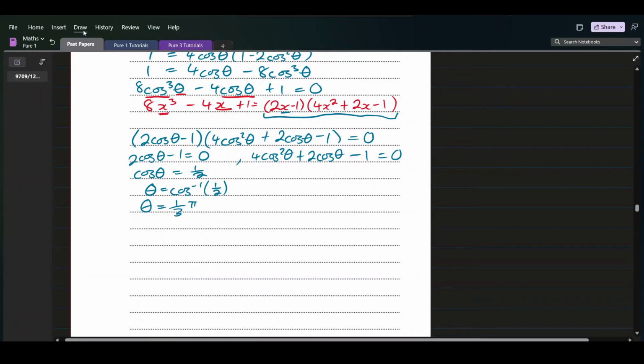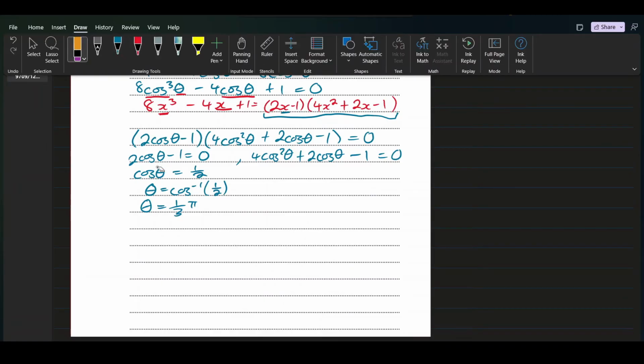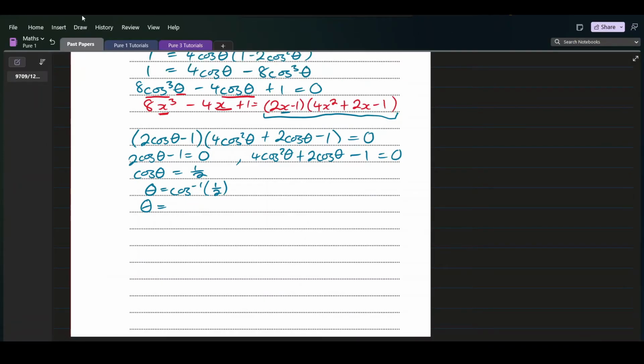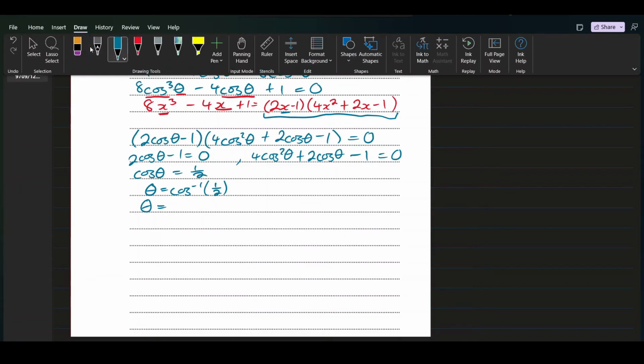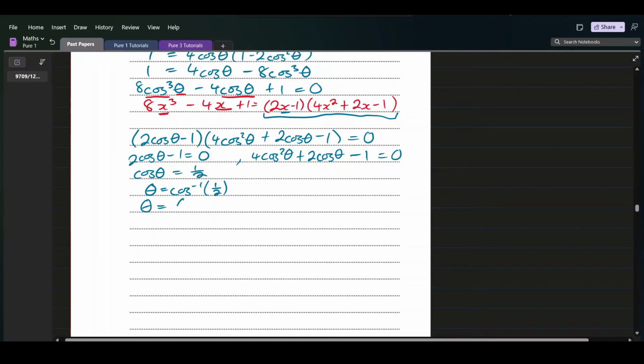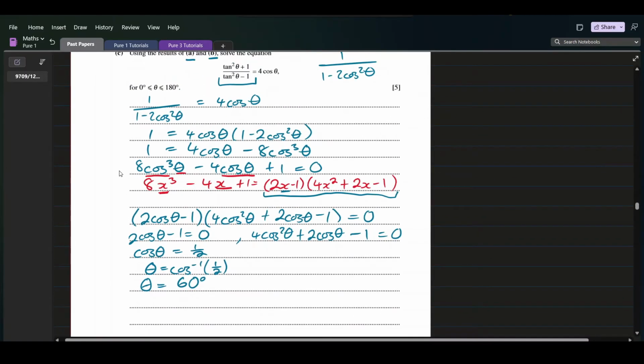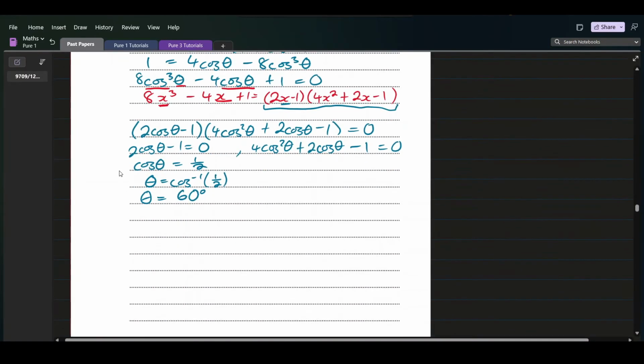So I should give my answer in degrees instead of in radians. So I'm just going to change to degrees. So that would be 60 degrees, and our interval is from 0 to 180 degrees.